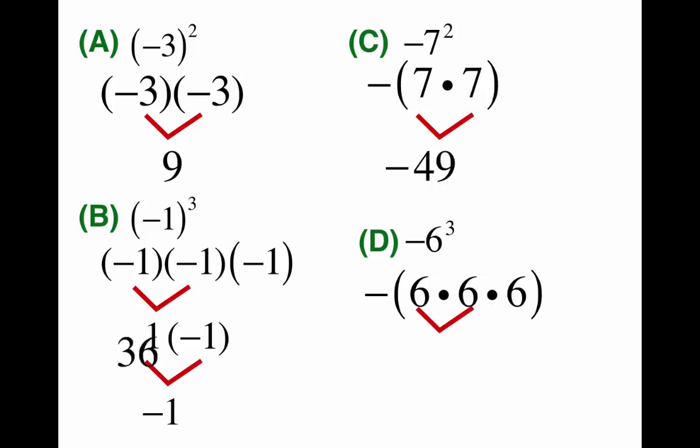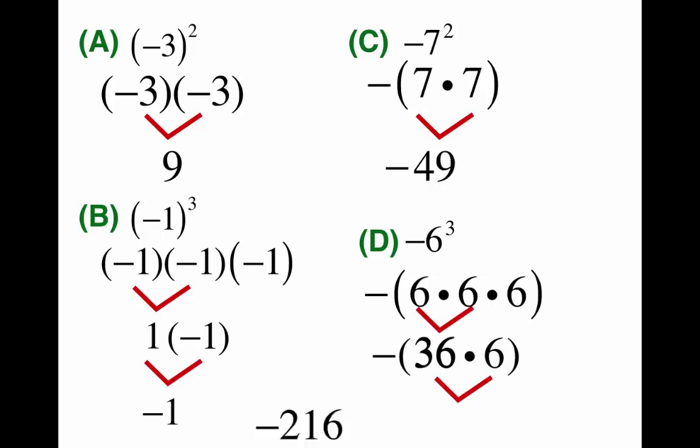Well, 6 times 6 is 36. Multiply that by another 6, and you get an answer of 216, but there's a negative on the outside, so it's a negative 216. Really pay attention to the difference between a parenthesis problem and no parentheses. There's actually a big difference. It makes a difference. How many times can I say difference in this video?